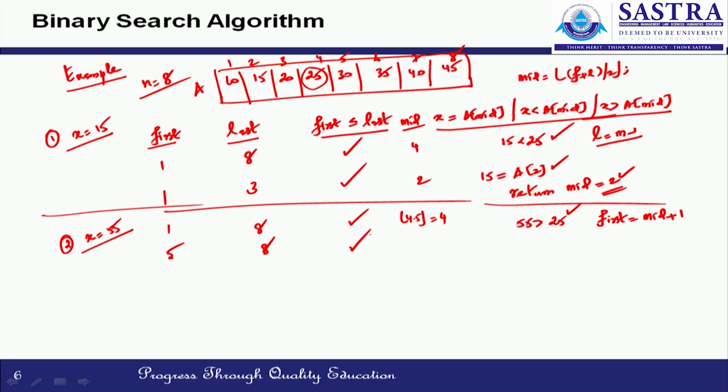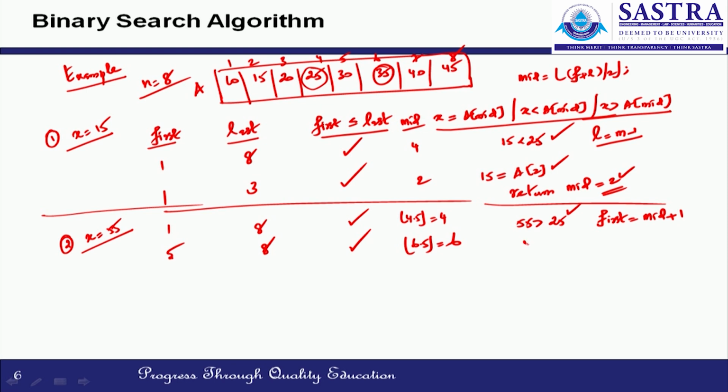Now control enters the while loop condition, first less than or equal to last, condition is true. Finding a value of mid, 8 plus 5, 13, 13 by 2, 6.5, lower bound value is 6. Now checking the 6th index in the array, the corresponding element is 35.